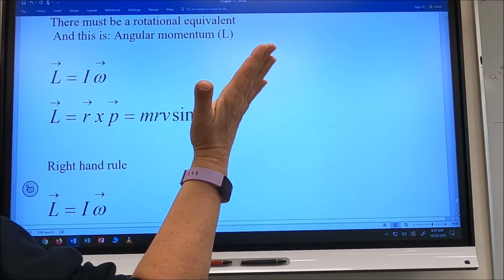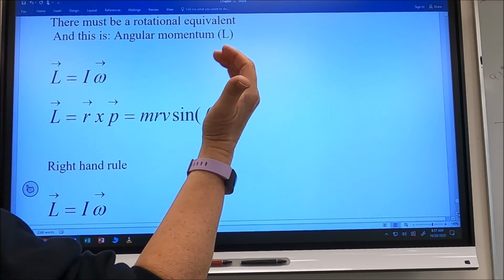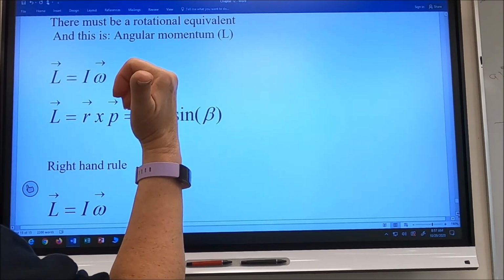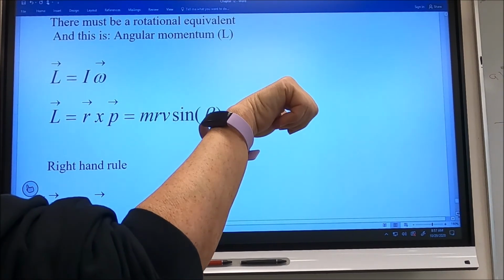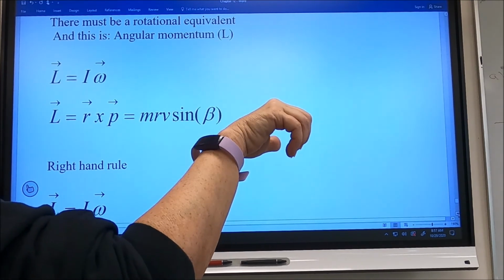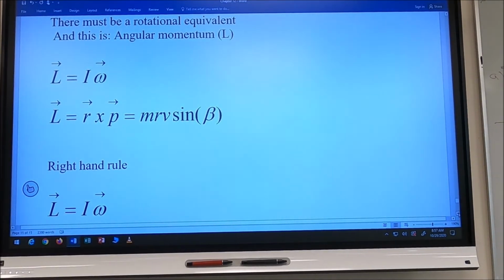If it's spinning counterclockwise, the angular momentum points this direction. If it's rotating clockwise, it points in the opposite direction. Essentially, L is going to point in the same direction as omega. So L equals I omega.